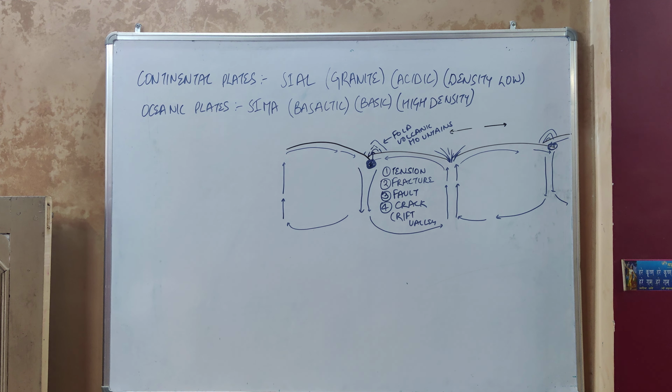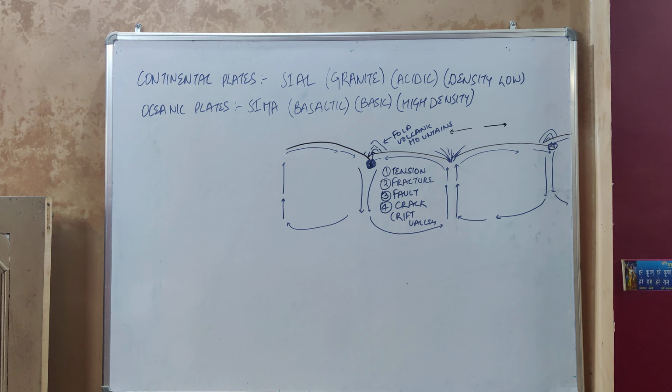Alright. Now we will be looking at various boundaries, and the first of such boundaries is your convergent boundary. So we will be focusing on convergent first. In convergent we have oceanic and oceanic. Oceanic plate and oceanic. So this is oceanic plate 1 and oceanic plate 2.